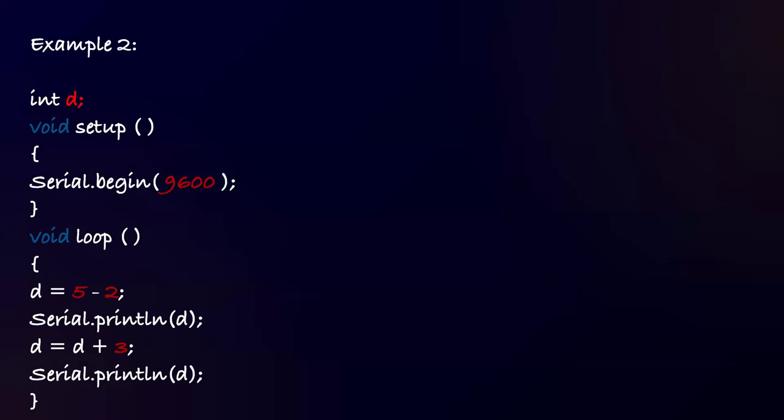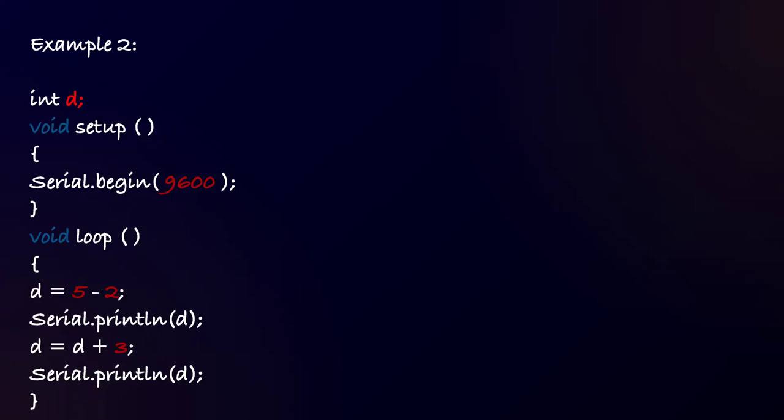So for the first Serial.println d, we will get 5 minus 2, that is 3. Three will be printed. After that, in the next line, we have d equal to d plus 3. So now the value of d is incremented by 3. Again, 3 plus 3, we get 6. So the output would be 3 and 6 in the next line.